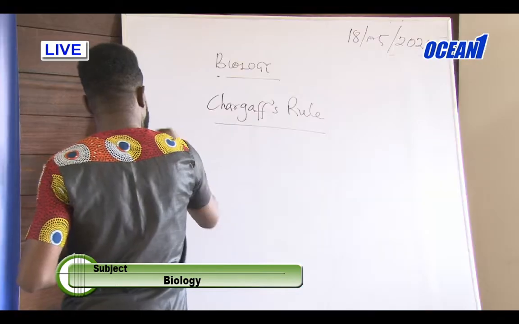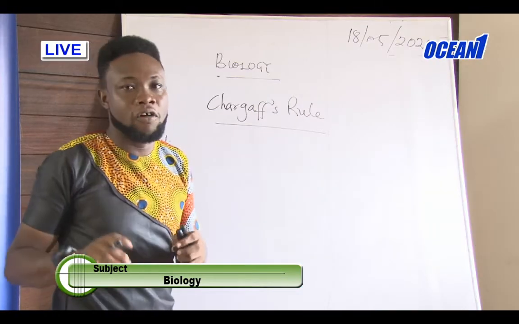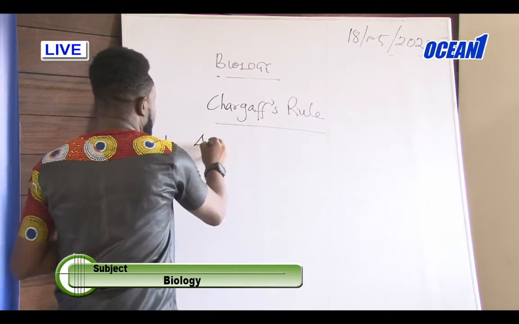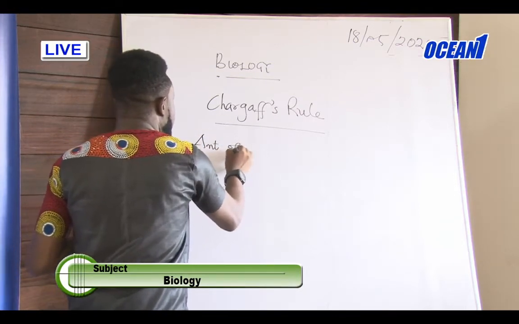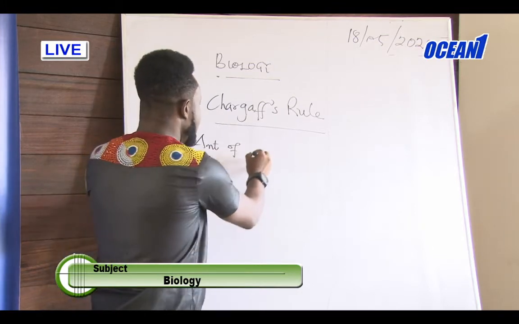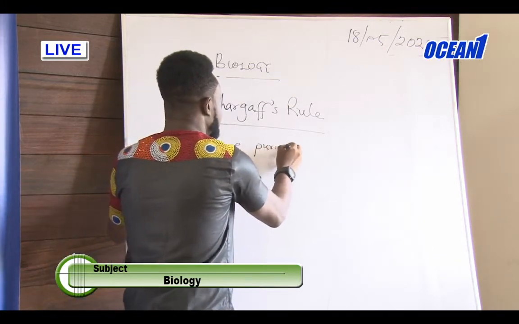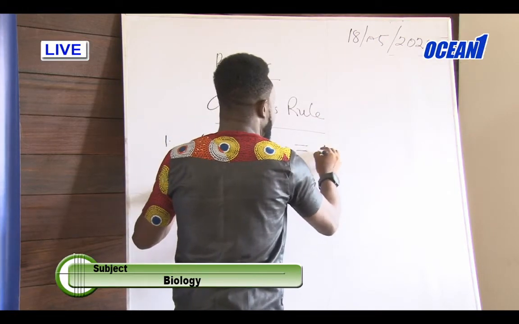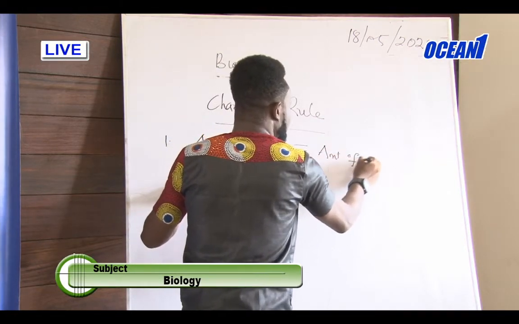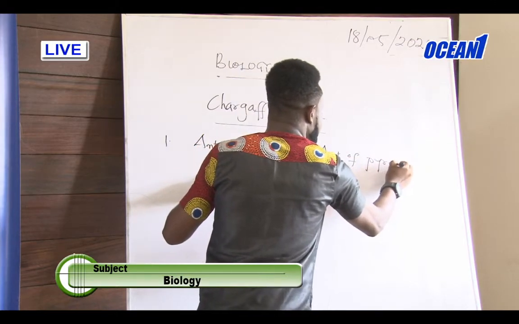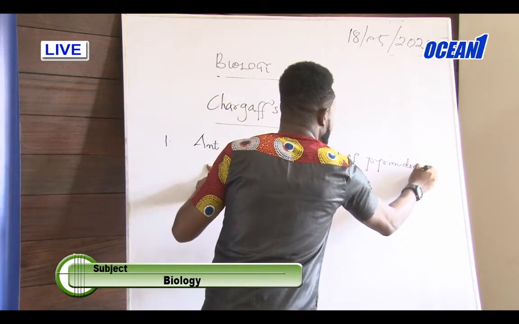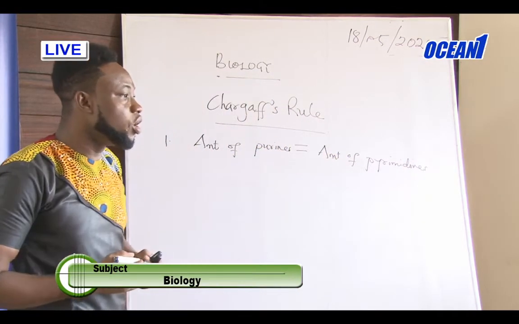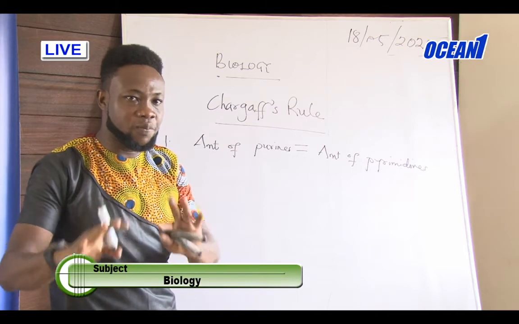So the first law under Chargaff that we need to know is that the amount of purines always equals the amount of pyrimidines.